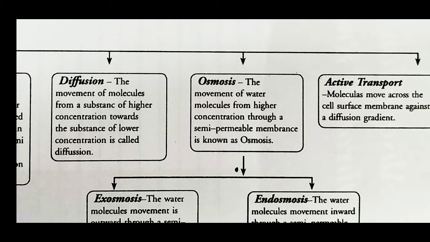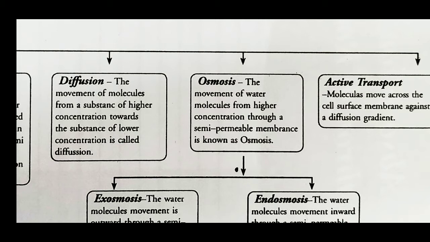Students, you need to know this difference, because in diffusion and osmosis a similar phenomenon is happening, but it is different. How? Because diffusion talks about molecules, and molecules can be of anything, whereas osmosis only talks about water, and it passes through a semi-permeable membrane.